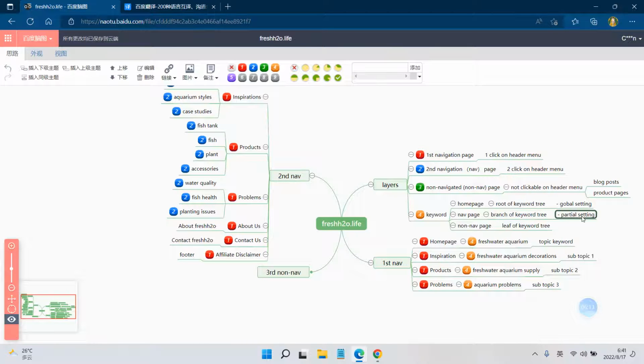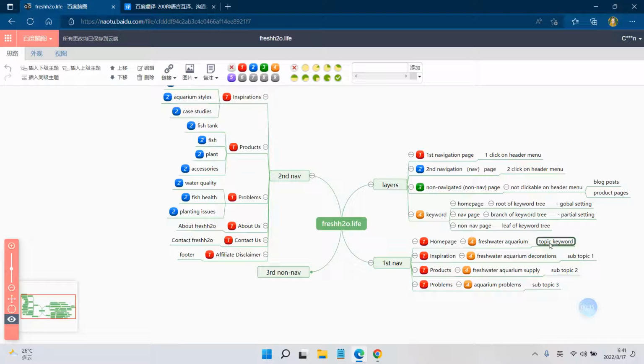Yeah, no problem. But there will be a partial setting. So this one is part of freshwater aquarium. So I add one keyword here, decorations, after freshwater aquarium. So it is part of the big topic.